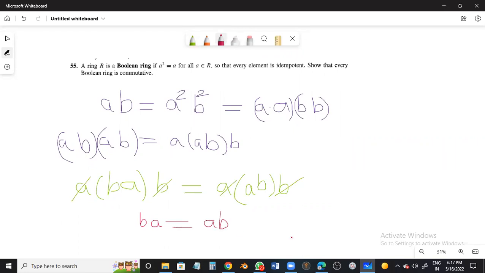Okay. I would like to once again explain the fact to you. What I did was, A into B, I wrote as A square into B square. Why? Because A is idempotent, B itself is idempotent. So I can do so. Further, I used associativity to the right hand side twice.